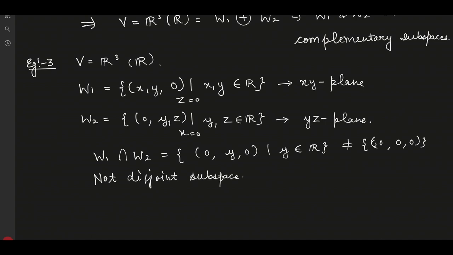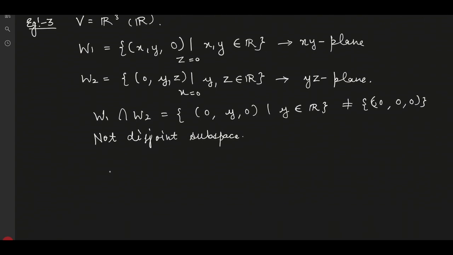And one more thing, if I try to write V3, V3 means R cube, as W1 plus W2, and I told you that the representation should be unique.